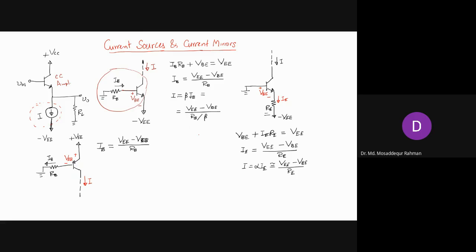And using the same formula, I will be beta IB. So that will be VEE minus VEB divided by RB divided by beta. So exactly the same expression. All the parameters are the same, but the direction of the current flow changes. Any question, guys?